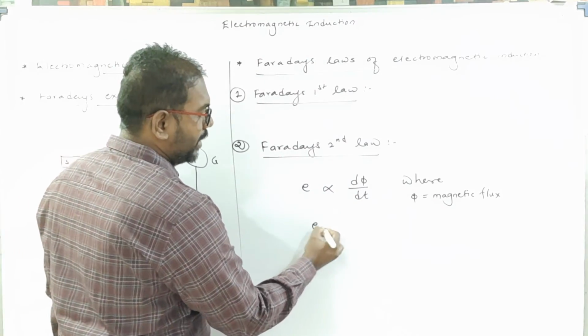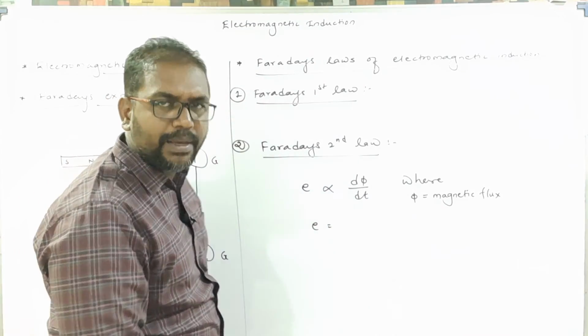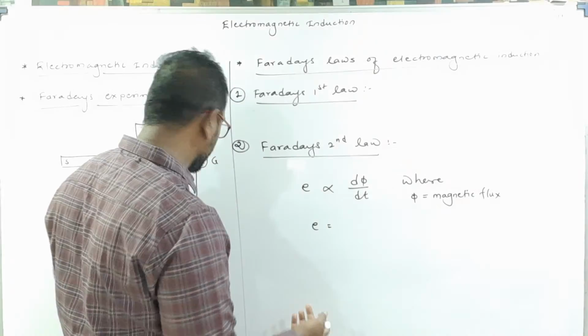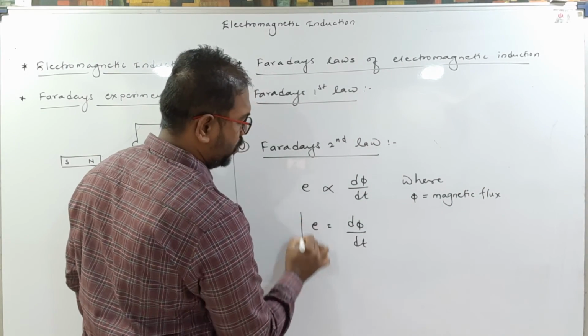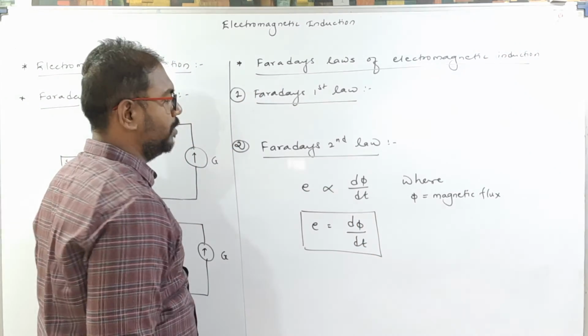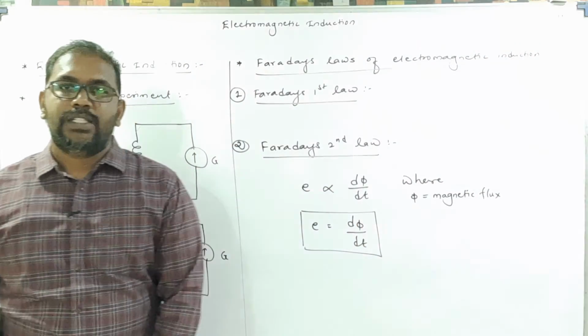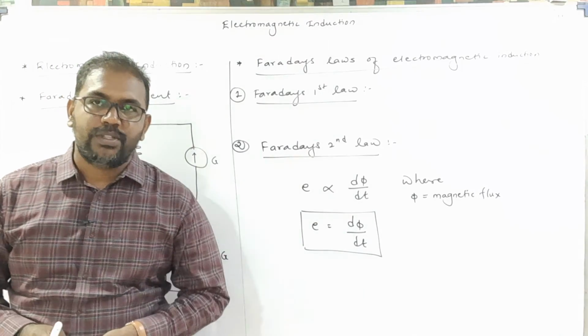Now I can write a constant K, but in this case the constant has a value of 1. So I can directly write 1, and we get d phi by dt. So EMF induced is given by this formula. This is Faraday's law. I hope everyone understood this Faraday's law.